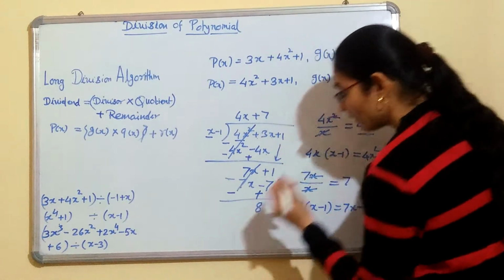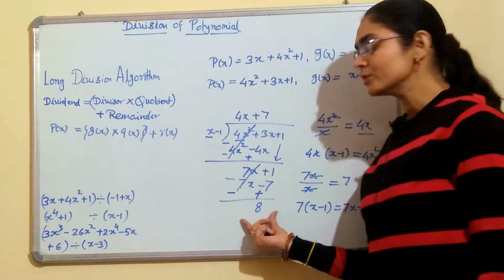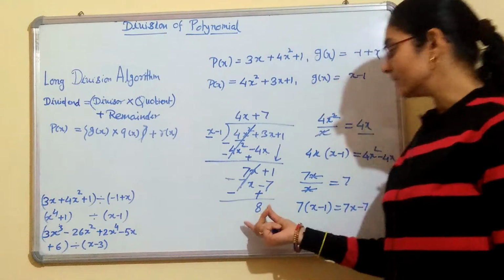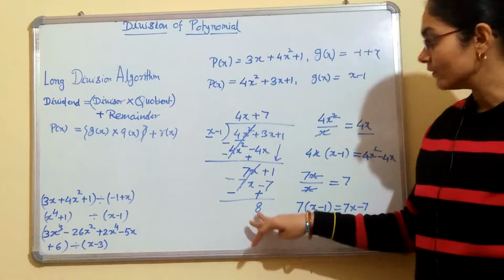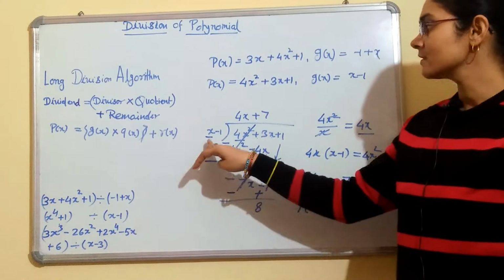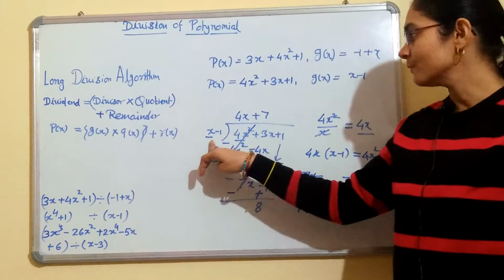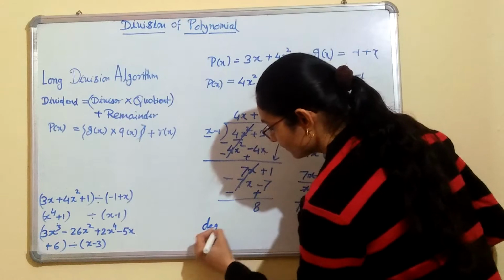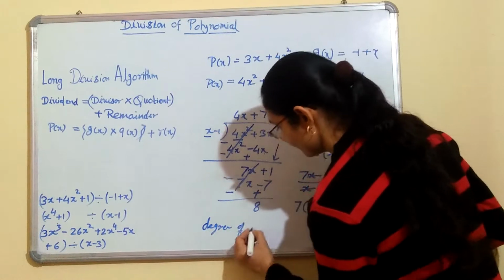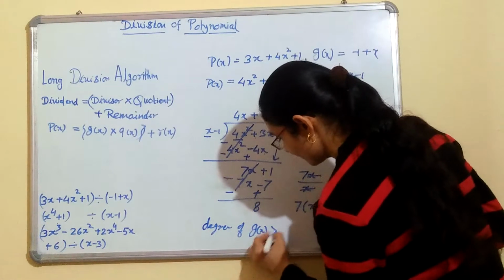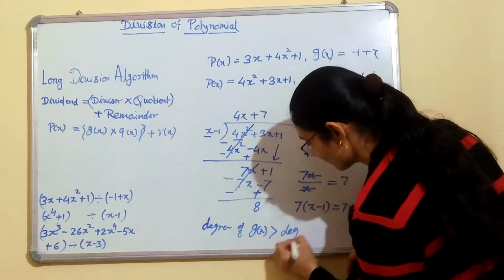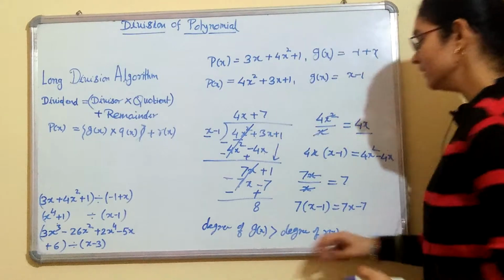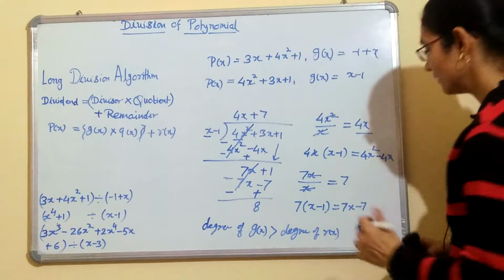8. Now this is a remainder polynomial, and our divisor is a linear polynomial, and the degree of a constant polynomial is always less than the degree of a linear polynomial. So we find here the degree of g(x) is greater than the degree of r(x), meaning division is complete.